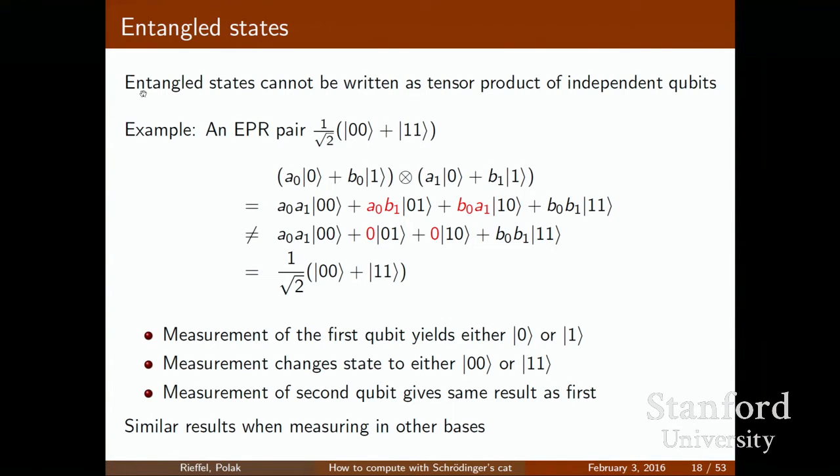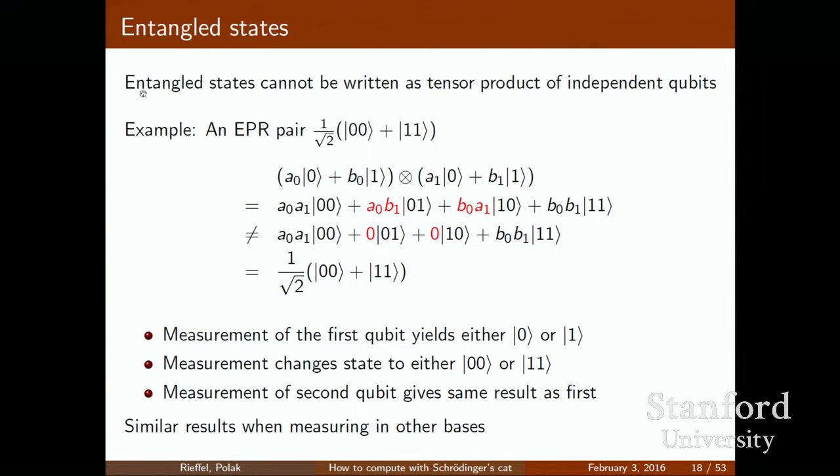Assume we had two qubits, this one here and this one here. We take the tensor product of those, and that would look like this. But we'd have to have A0 B1 equal to 0, which means either A0 or B1 would have to be 0. And that can't be true because this has to be non-zero and this has to be non-zero. So it's not possible to write this state as a tensor product of two single qubit states.